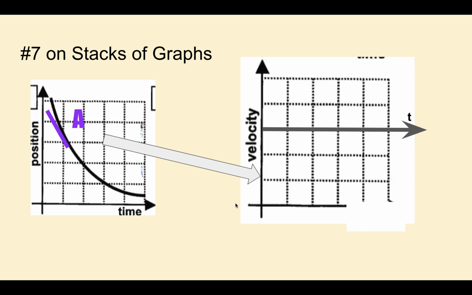The next question I need to ask myself is, is the velocity increasing, decreasing, or constant? Well, hopefully we can tell that this is not a constant slope. But if I look at another tangent line somewhere later in time, I see that it's getting less and less steep. This is telling me that the velocity is decreasing, and it's decreasing in the negative direction. So if it's decreasing, anything along this line right here means zero speed.